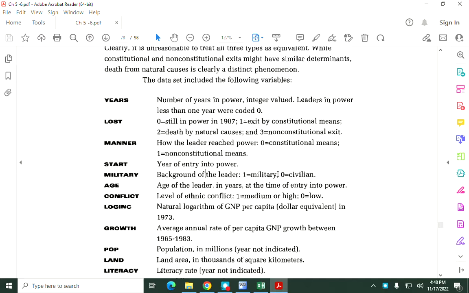Who else had a military background? Who served in the military? How many? Oh, of course. And who else? Carter served in the Navy. Kennedy, JFK, served in the Navy, okay?